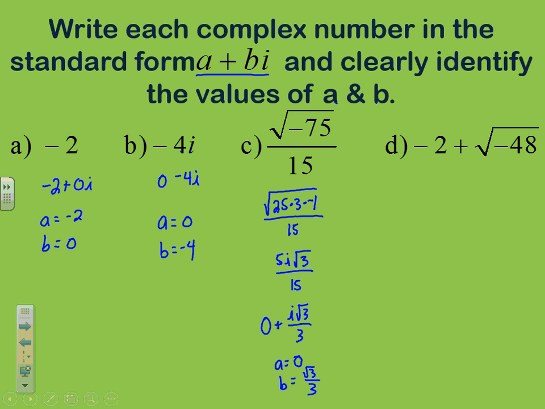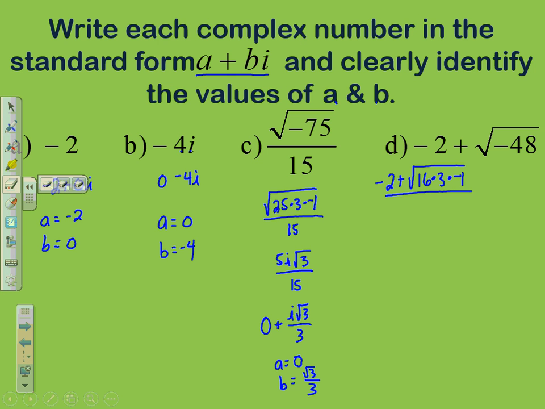And last one here, negative 2 plus the square root of the factors of 48. The largest perfect square factor of 48 is 16, which, 16 times 3, will give me 48. And if I multiply that by negative 1, that will give me the negative 48 in the radical. Oops, I don't know why I'm putting this in a fraction. Let me get rid of this here, thinking of our previous examples.